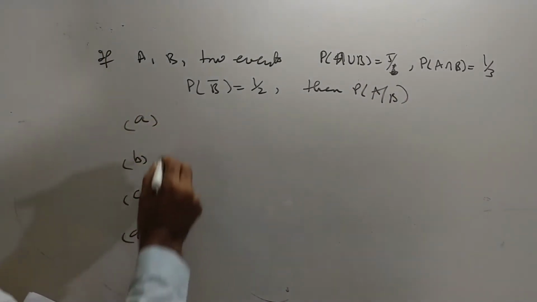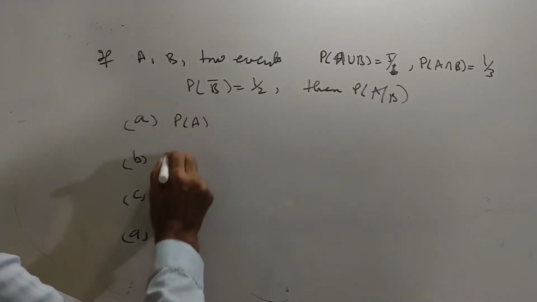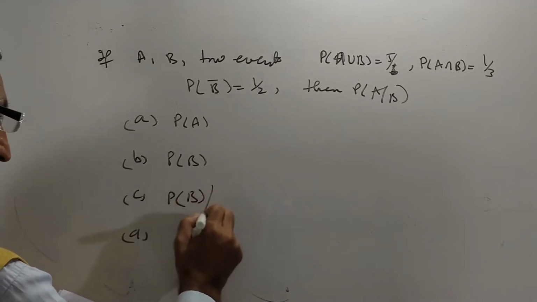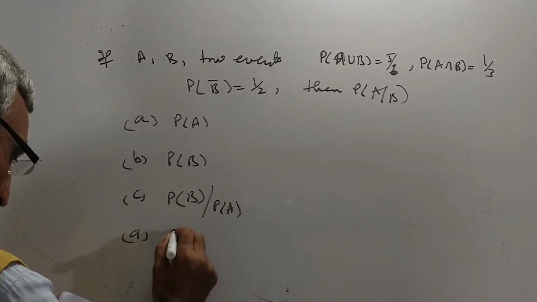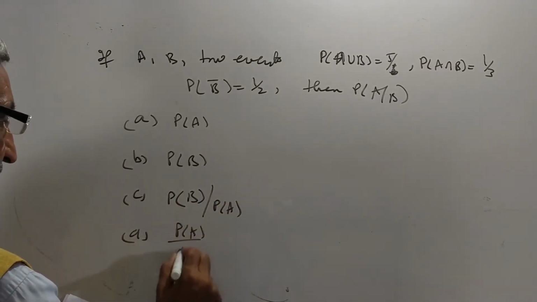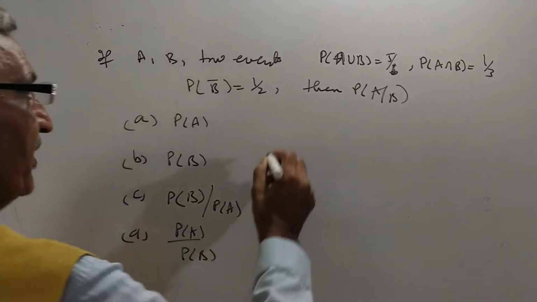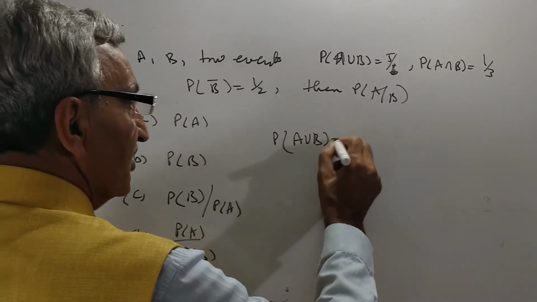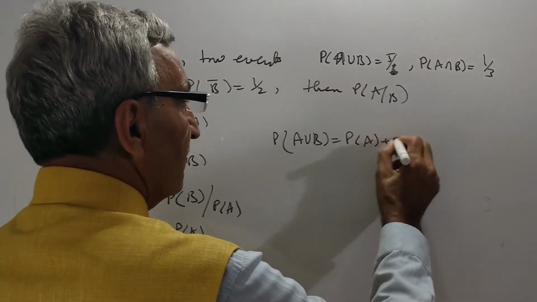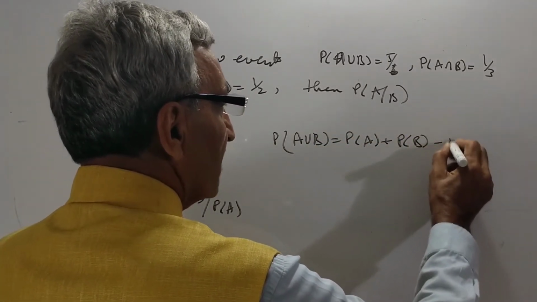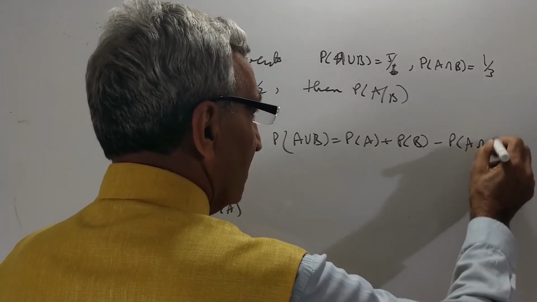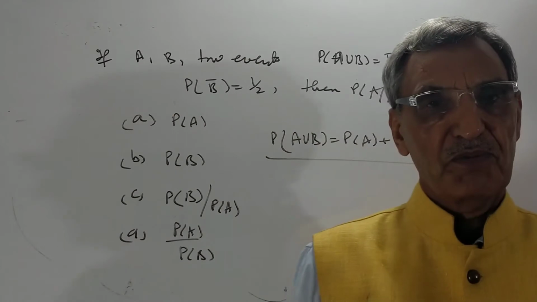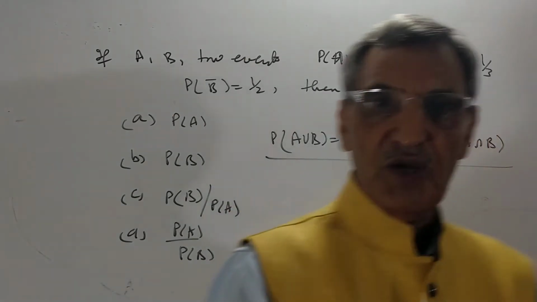The answer is equal to probability of A intersection B divided by probability of B, or probability of A divided by probability of B. Well friend, A union B. I know probability of A union B is equal to probability of A plus probability of B minus probability of A intersection B. This formula you should know, the addition formula of probability we have done.